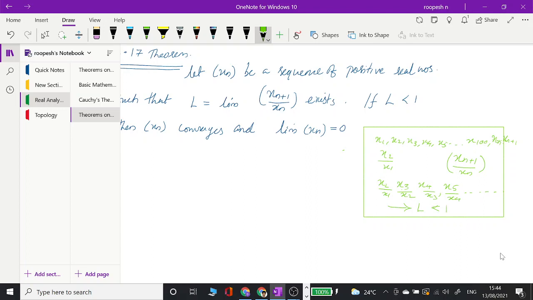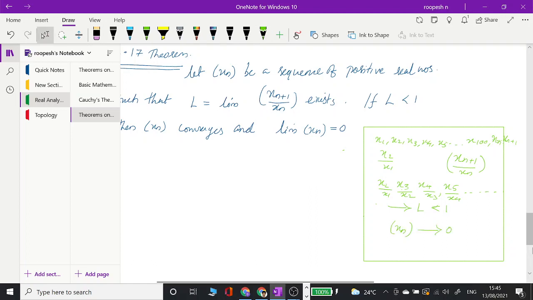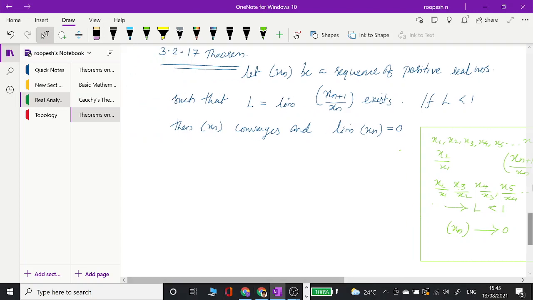Then if this is the case, we will get that your sequence xn will converge to 0. So we want to prove this. I think you're clear with this theorem. So I'm moving to the proof.